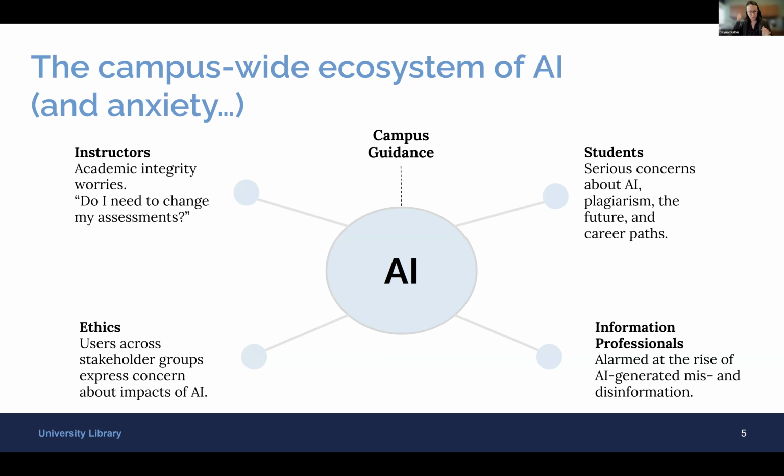So across all of those user groups, there are ethical dimensions and concerns. A lot of people, both inside and outside academia, are really, I think, grappling with whether they want to participate in AI at all or use AI at all.